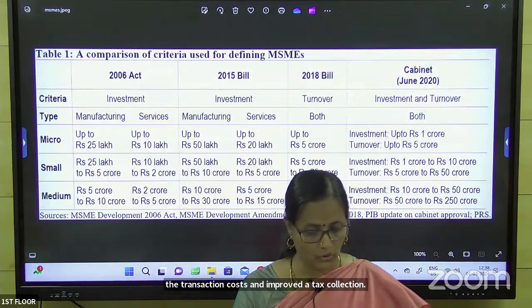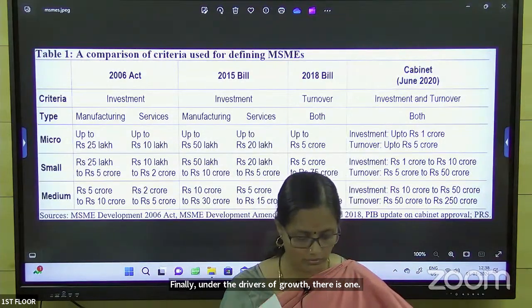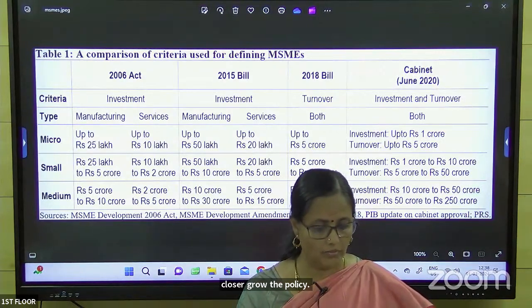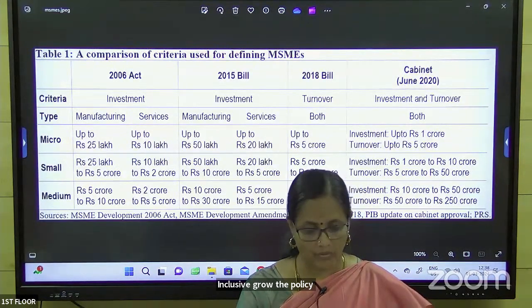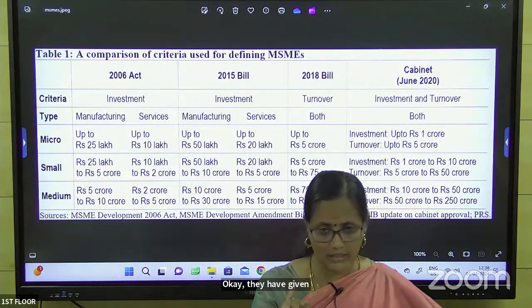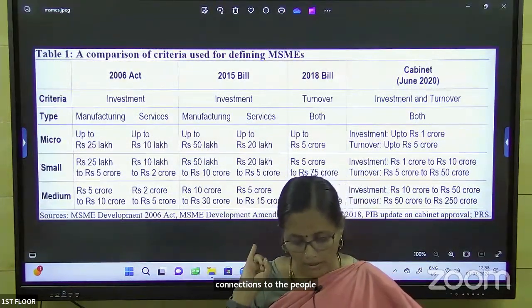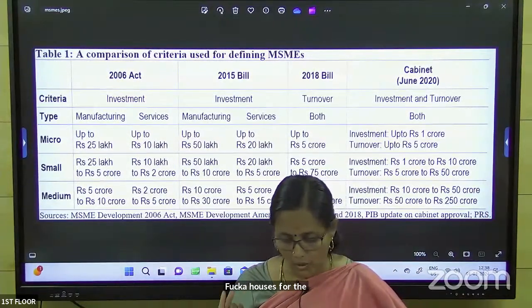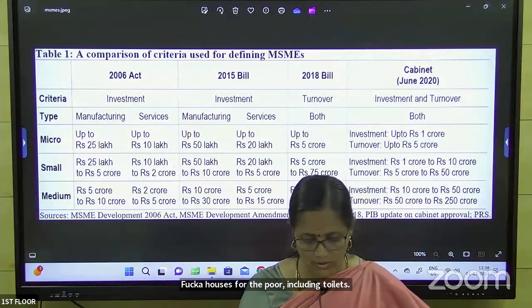Finally, under the drivers of growth, there is one inclusive growth policy. Under it, they have given four main points. Free gas connections to the people. Pakka houses for the poor, including toilets. Jan Dhan accounts.